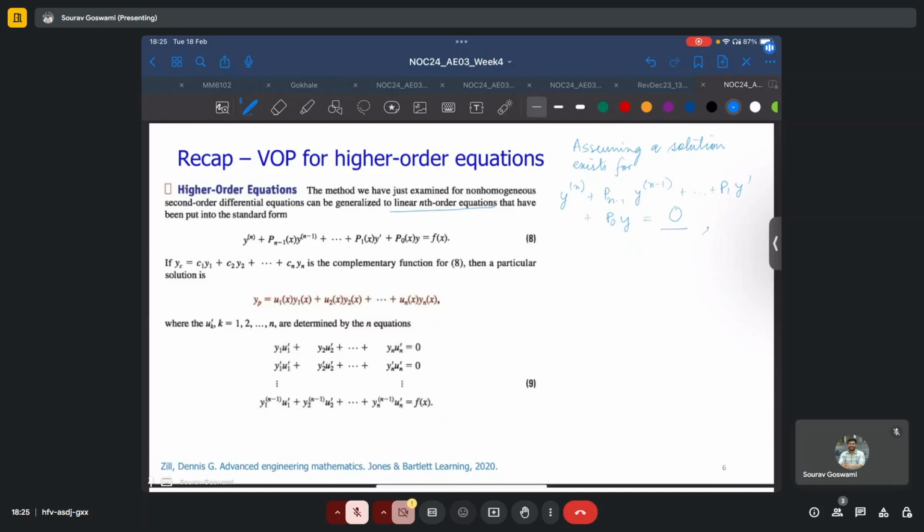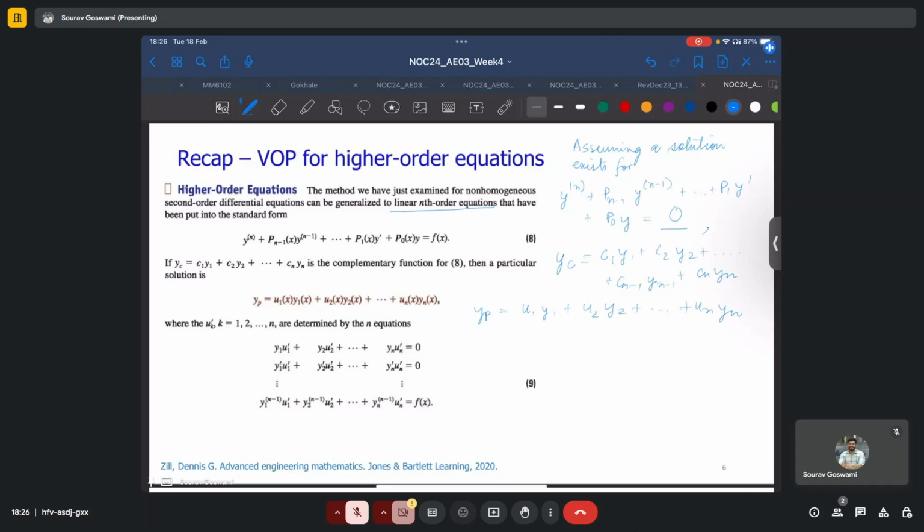The solution, as we know, will be called the complementary function and will have some general form like c1 y1 plus c2 y2, and for an nth order equation it will have n such functions, so up to c(n-1) y(n-1) plus cn yn. If this complementary function exists and can be found, then a particular solution will similarly be u1 y1 plus u2 y2 plus up to un yn, where in this case these u's are not constants like they were previously.